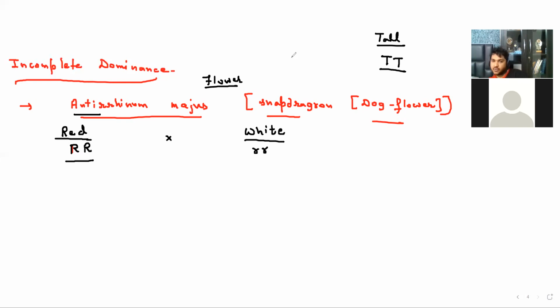So now, are we conducting a cross? Yes, in genetics we have to conduct the cross. Test cross. It is not a test cross.